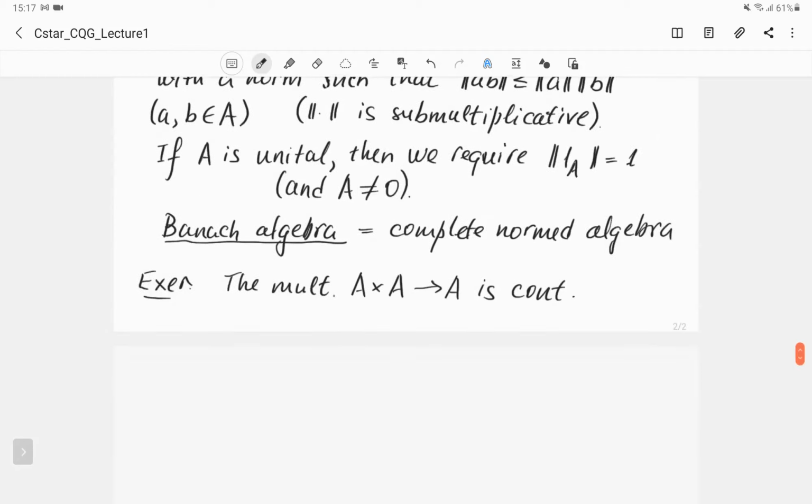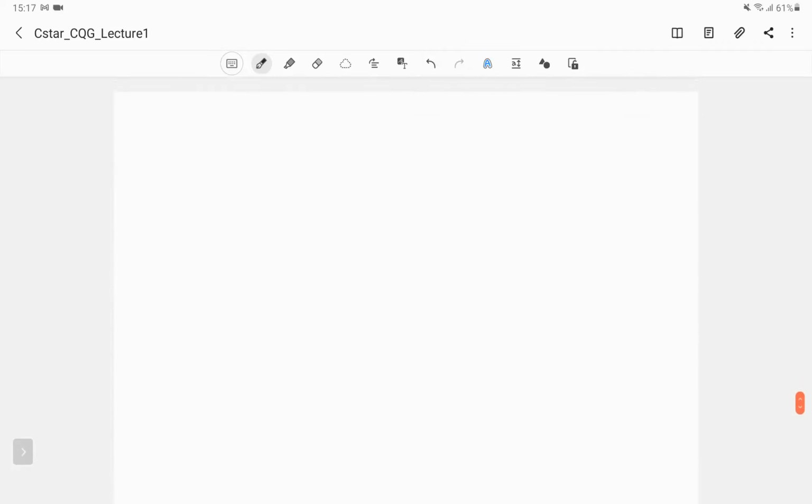Let's now look at some examples of Banach algebras. First of all, we have a trivial example. The zero algebra and the field of complex numbers are, of course, Banach algebras. As for interesting examples, in fact, almost all concrete examples of Banach algebras can roughly be divided into three groups, namely the function algebras, operator algebras, and group algebras.